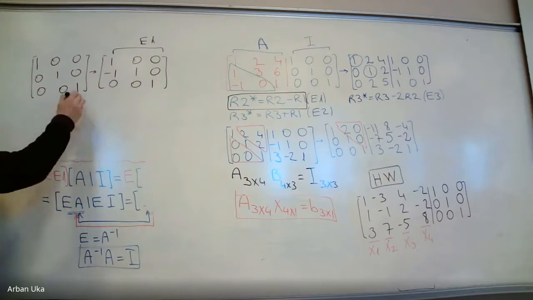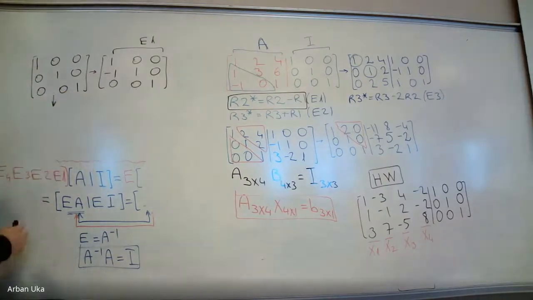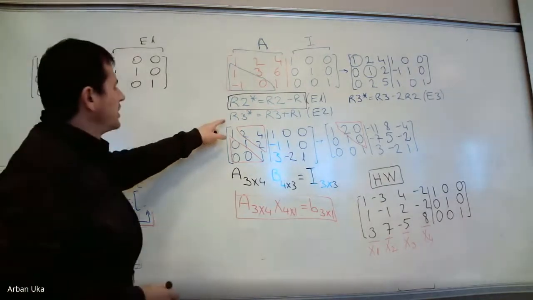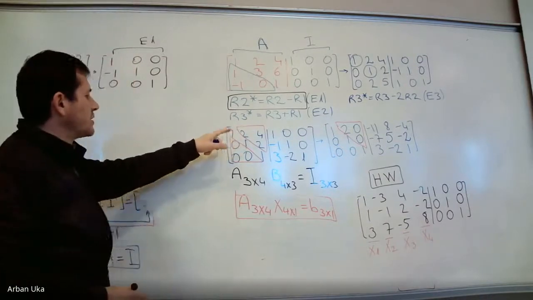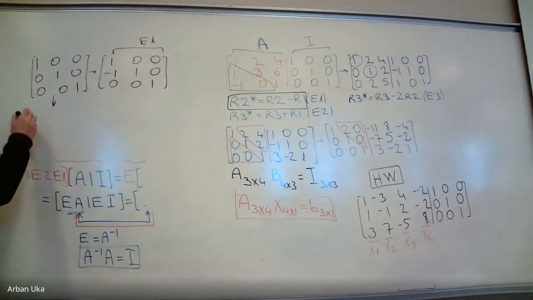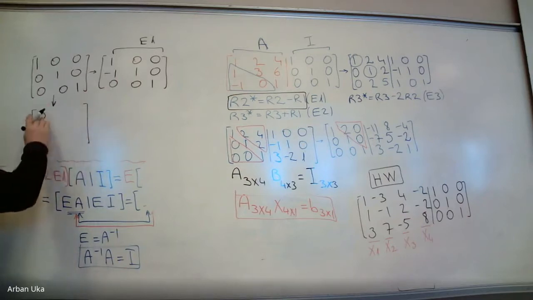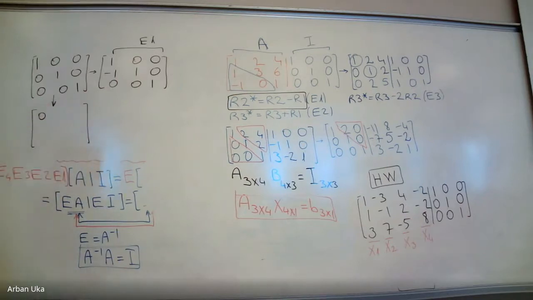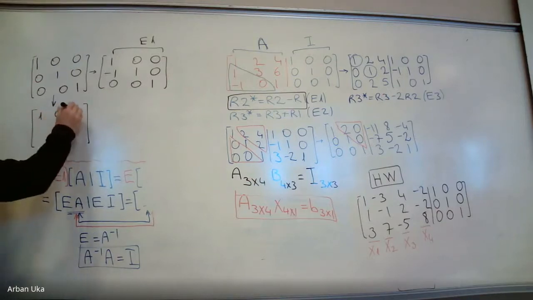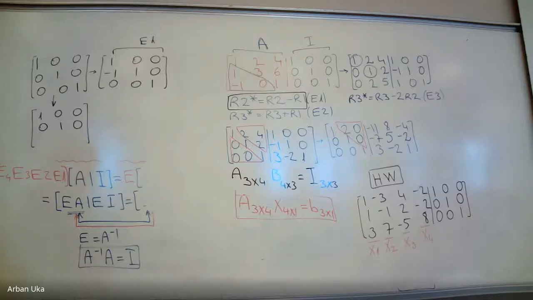So we found E1. What is E2? Let's try to get E2 from here. E2 is row 3 plus row 1, so we just add row 3 with row 1. And again, the first two rows don't change. Are you following here? So you name the matrix E1 after you make the row operation on it. Yes. Okay.